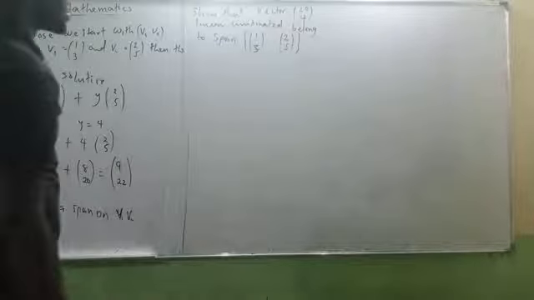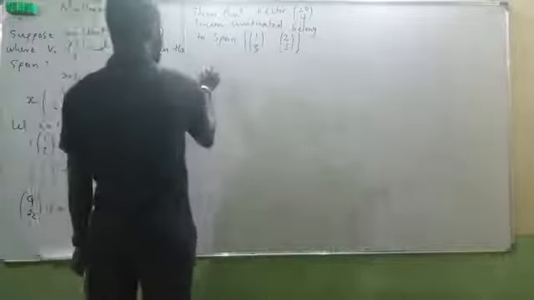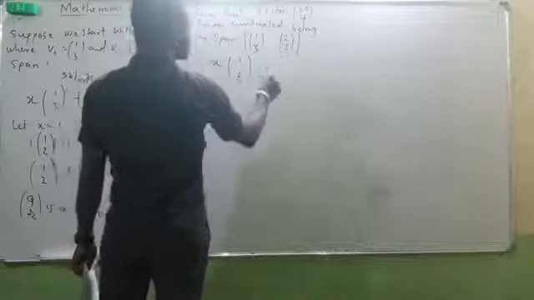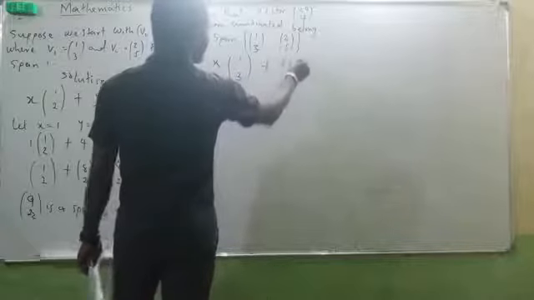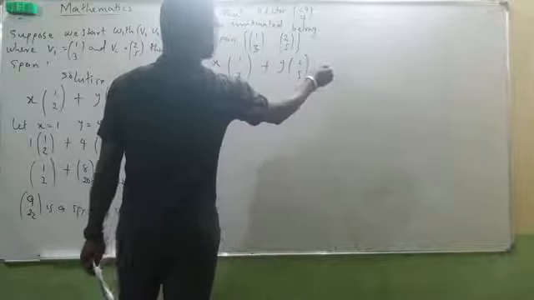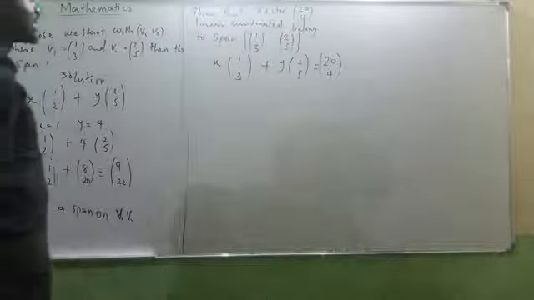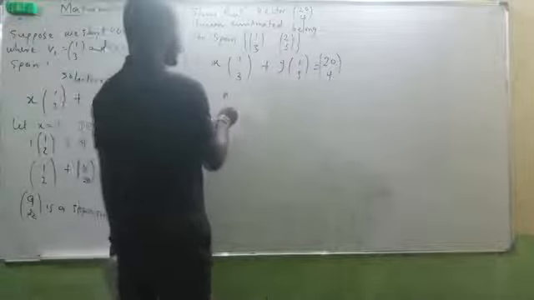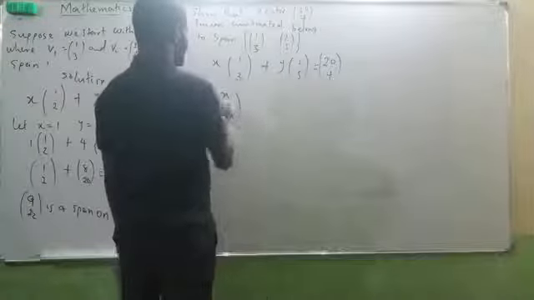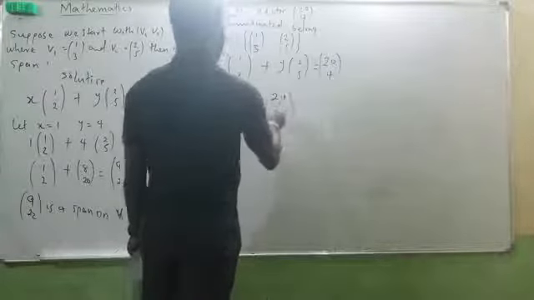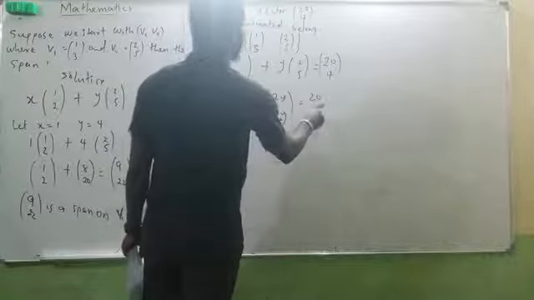Now look at this particular problem. What I will need to do here is to have x(1, 3) plus y(2, 5) equals to what? 24. That is what I am trying to do there. I think I'll be talking about 3x plus 2y, 5y equals to 24.